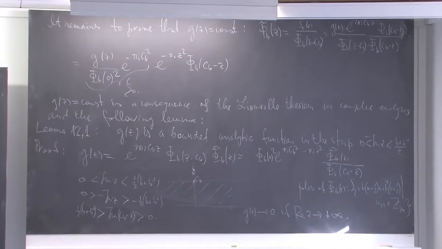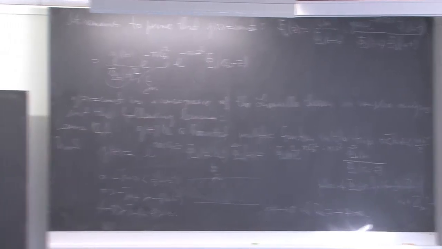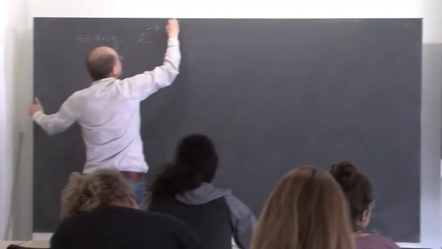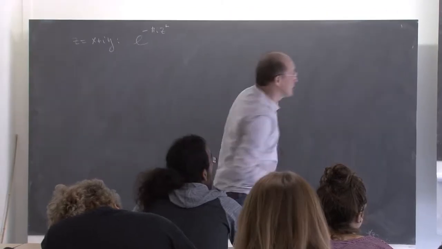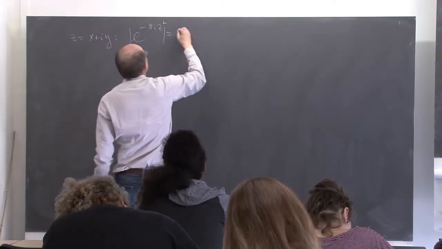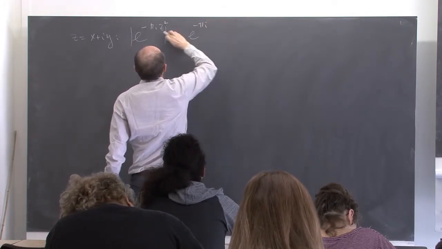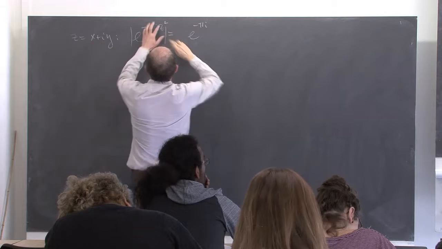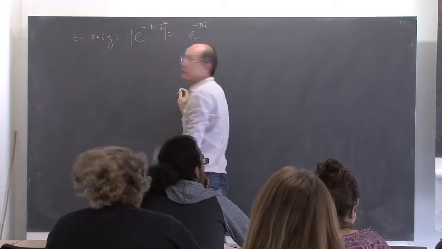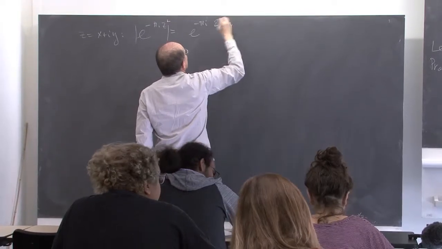So if we write z equal x plus iy, then e to the minus pi i z squared, right? This exponential factor, what is its absolute value? We have to take only the imaginary part of z squared, so it is twice xiy.